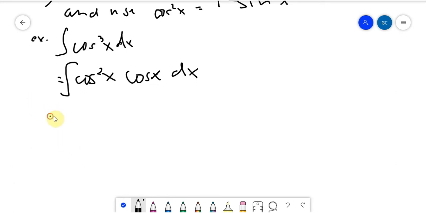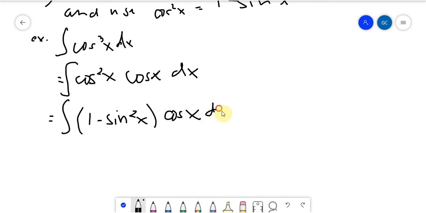So we have the integral of 1 minus sine squared x times cosine x dx.